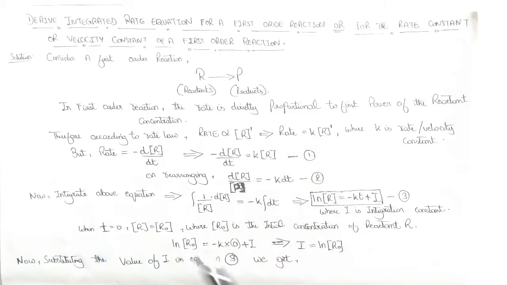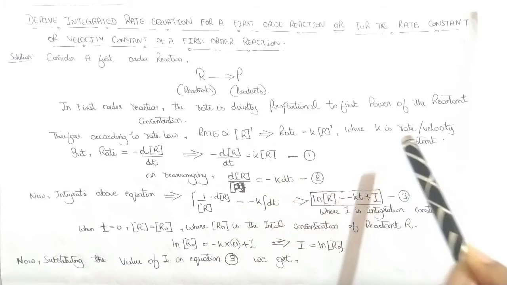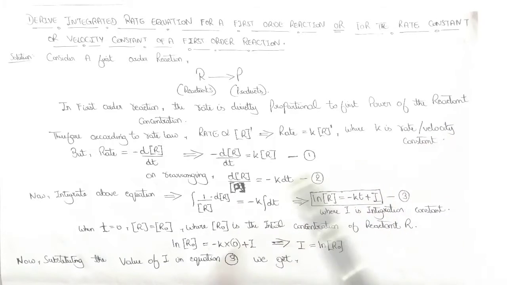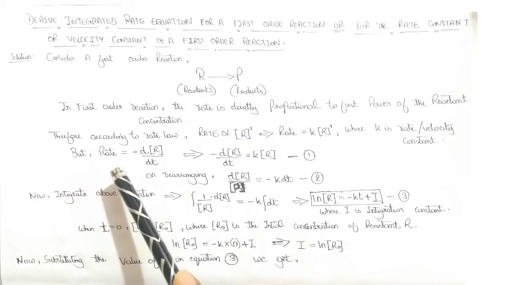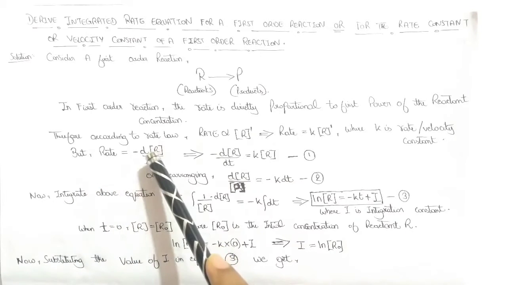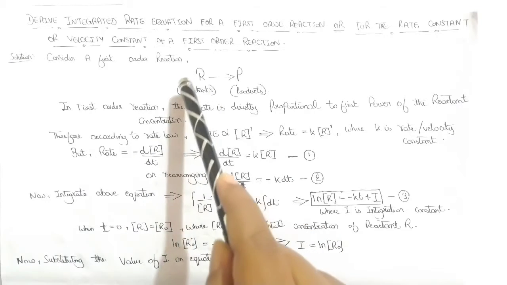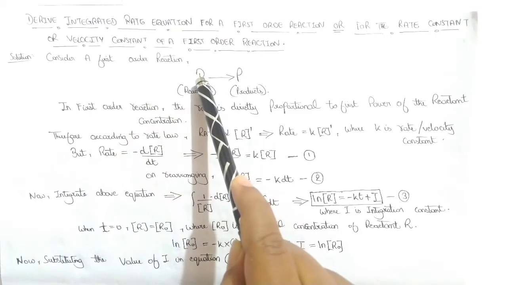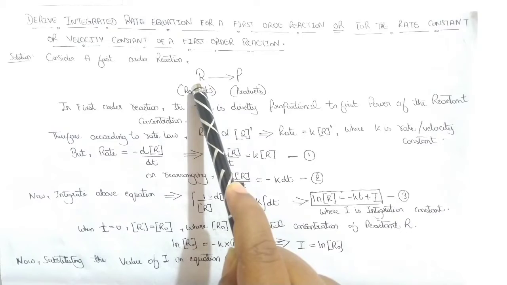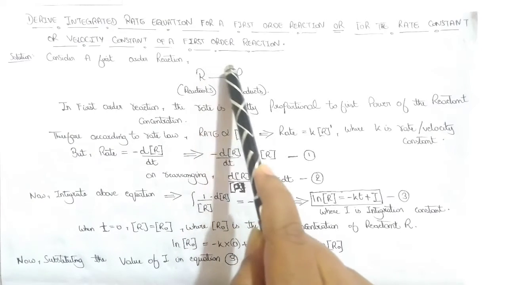Now what is this K? This K is the rate or velocity constant. But we know that rate is nothing but a negative sign, which represents the decrease in the amount of the quantity. With respect to time, after conversion, reactants will gradually convert into product.